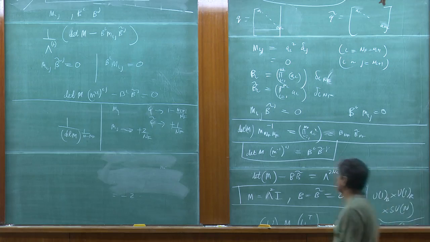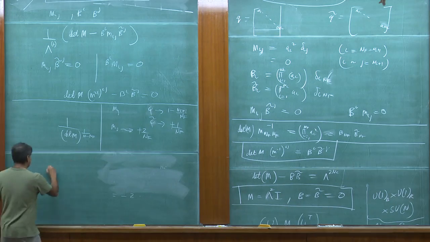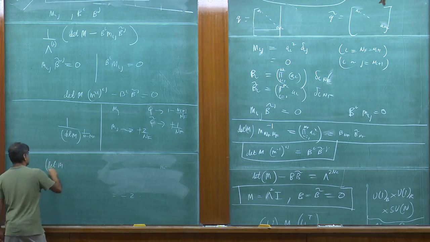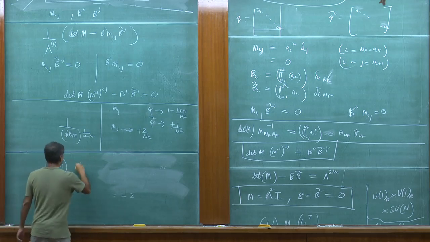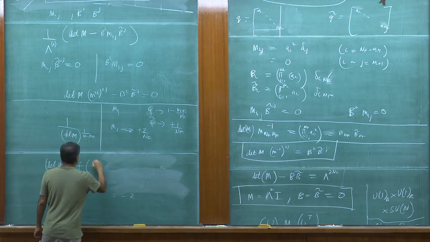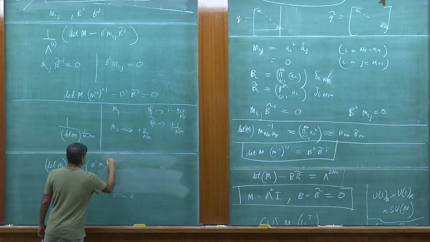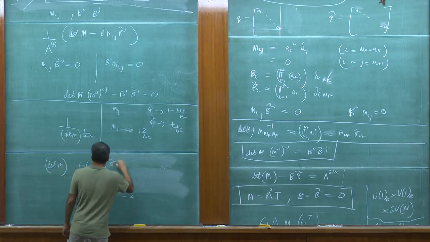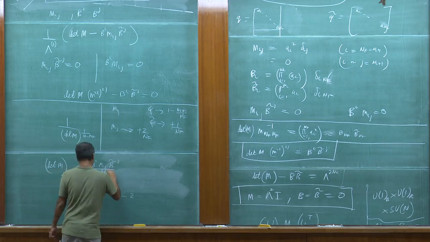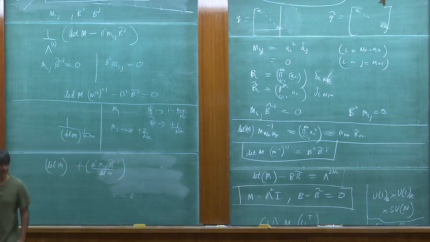Okay, so Chintan's point was that we could have written det M times a function of B M tilde B divided by det M. We could have done that, no problem.